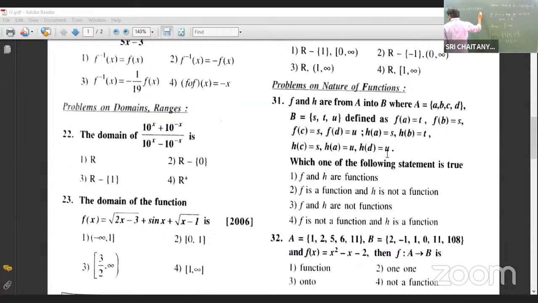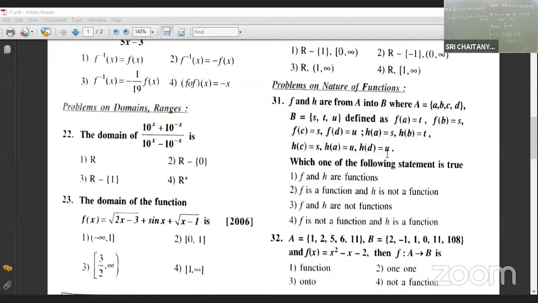Now H is equal to {(a, s), (b, t), (c, s), (a, u), (d, u)}. Now he has given you that F and H are functions.